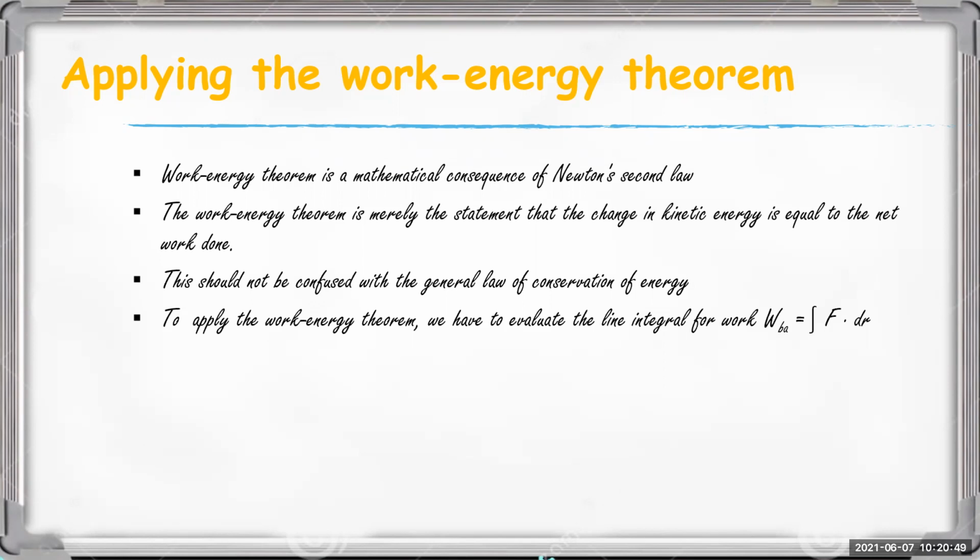In other cases, we only write F dx or F dy, or F dr in the one dimensional case. Only in the three dimensional case and in several dimensions, we use F dot dr, the dot product of force with the line element.